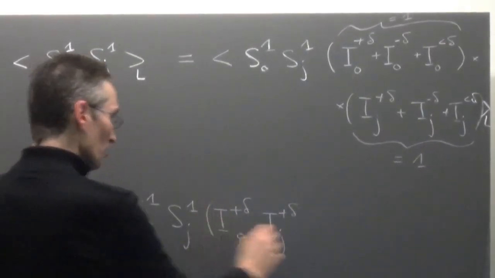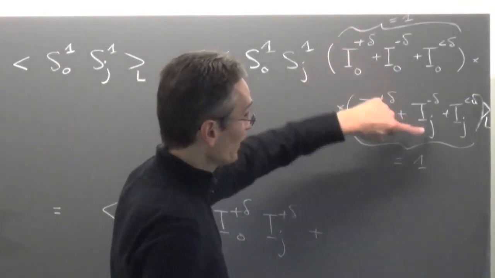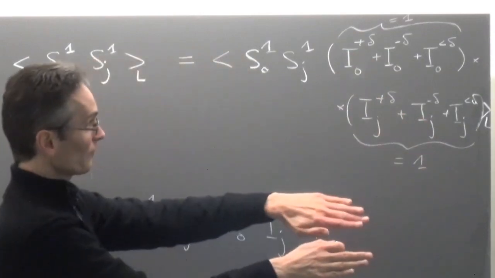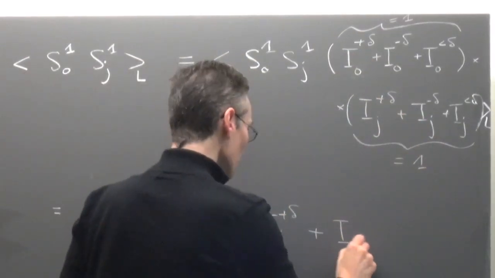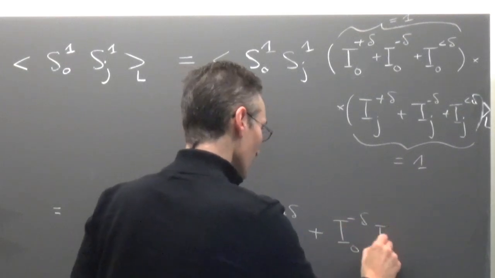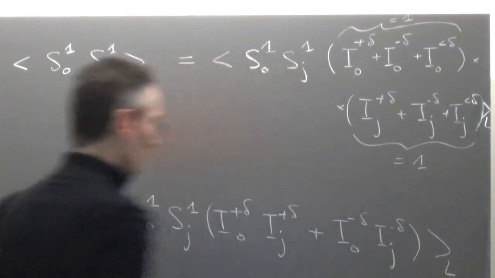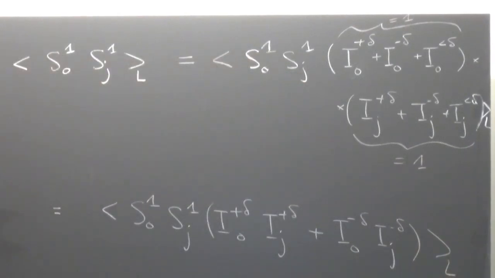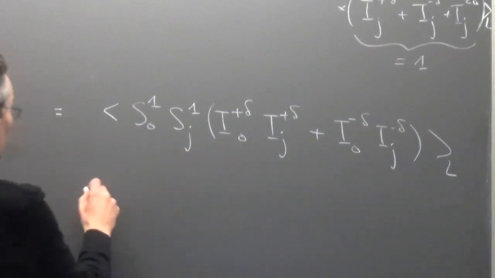And then there is a second term of the same type, when I take I minus delta at 0 and at j, which means that they both have a large first component but pointing toward the left. So this should also be good. I0 minus delta, Ij minus delta. So that's the first term that we expect to be the main contribution.